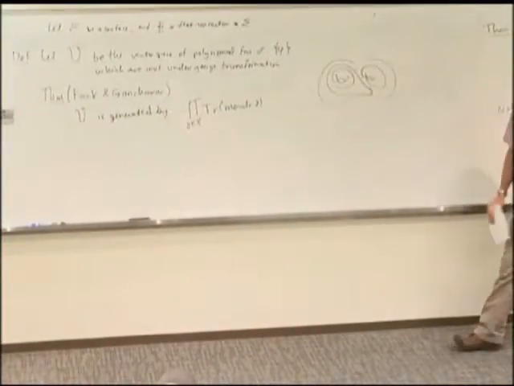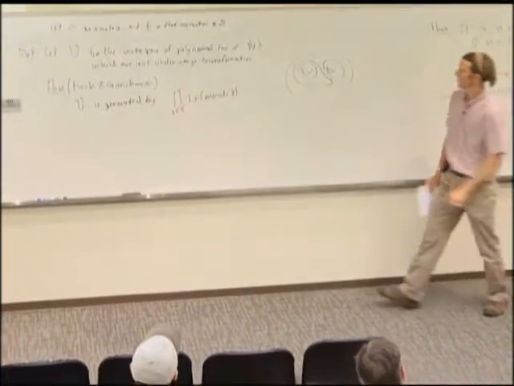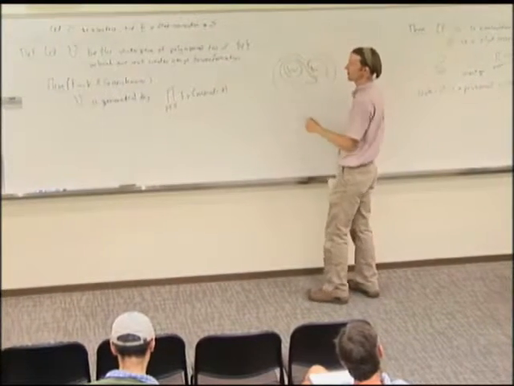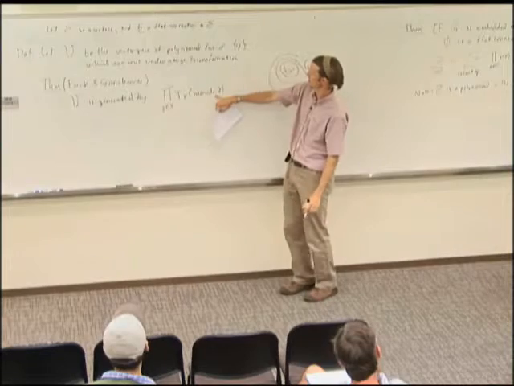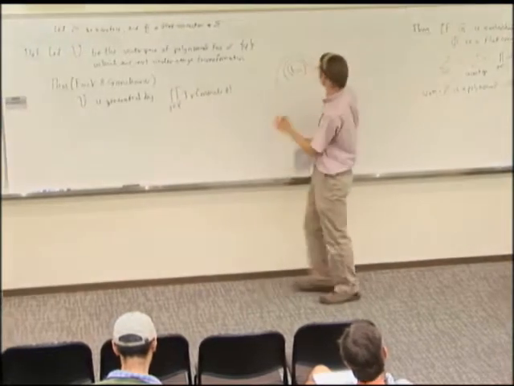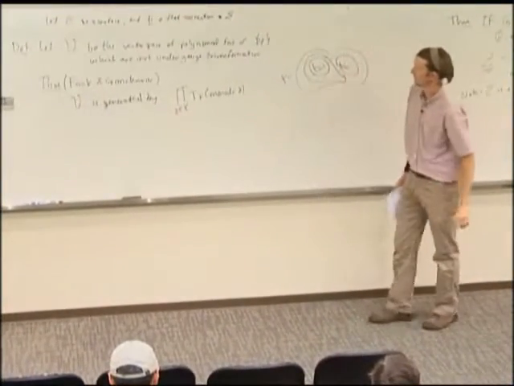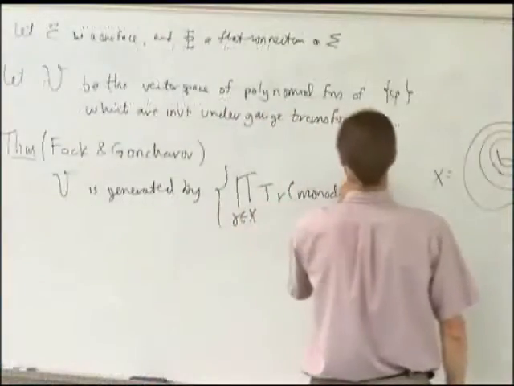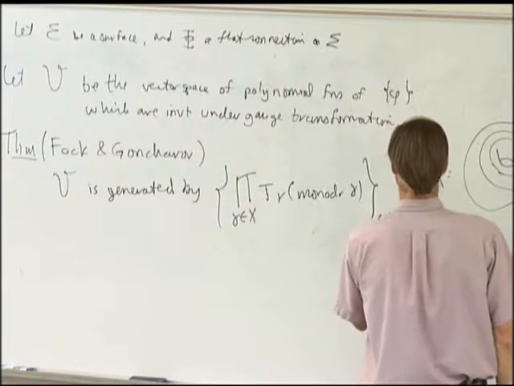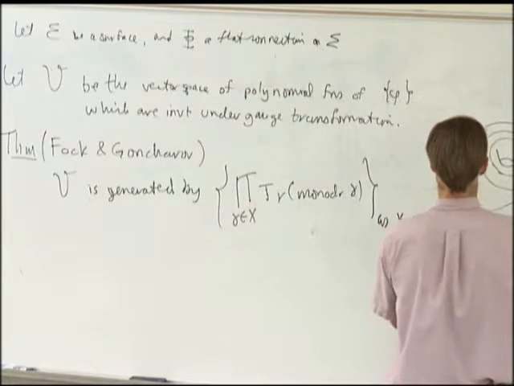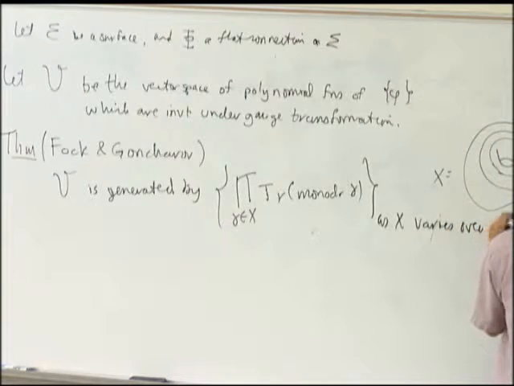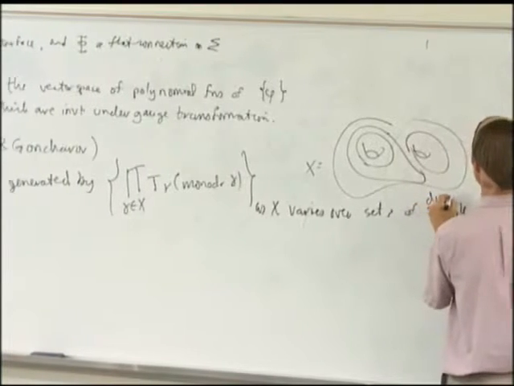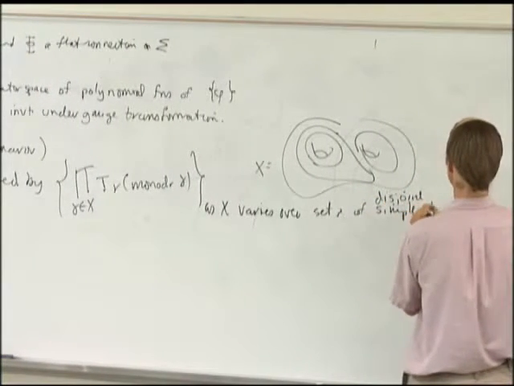Each time you have a simple closed curve system, you look at the trace of the monodromy, which is a polynomial function. You take the product over all curves in X, a sort of lamination on your surface of a finite set of curves, as X varies over sets of pairwise disjoint simple closed curves.